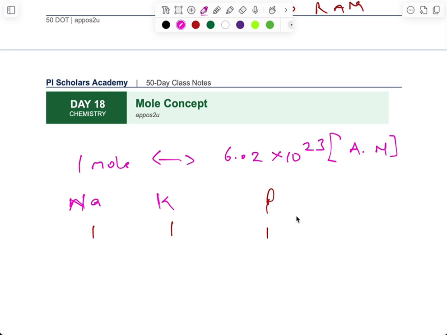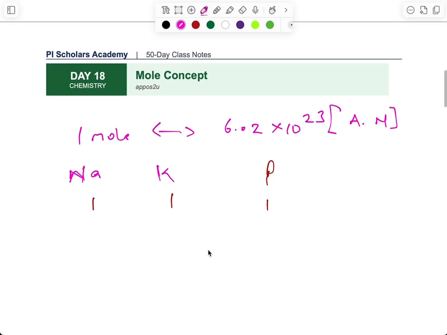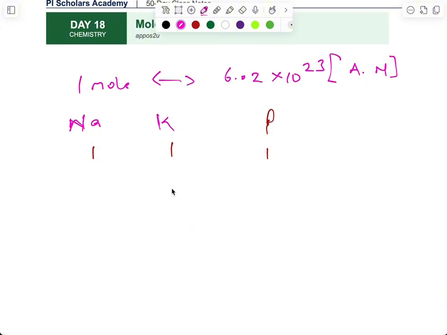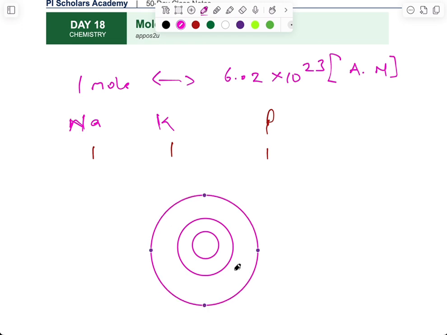Sodium, potassium, and phosphorus. Remember when we were doing atomic structure, we said, let's pick sodium for example. Sodium has 11 protons in it. Let's say this is the inner shell, the K shell, then we have the L shell, and we have the M shell as well.